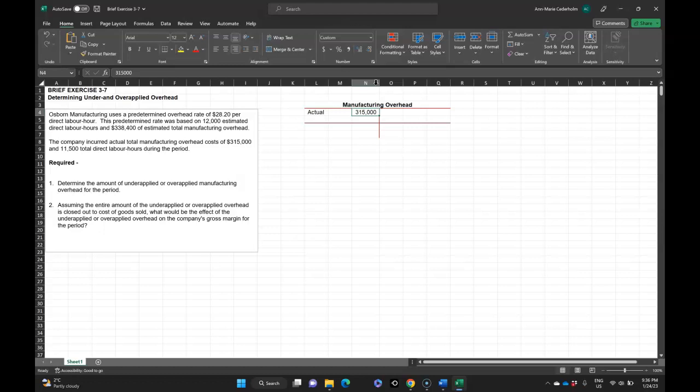Now the second step is I have to figure out what I allocated. So this is going to be called applied. So throughout the year, I was working on jobs, and for each job I was allocating direct materials, direct labor, and then manufacturing overhead, which is this number here.